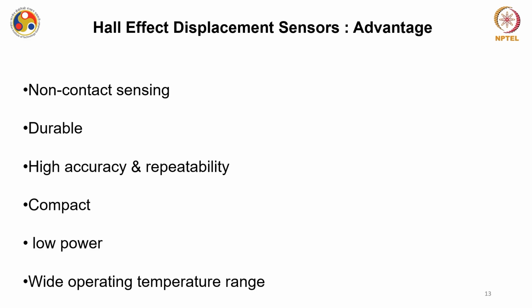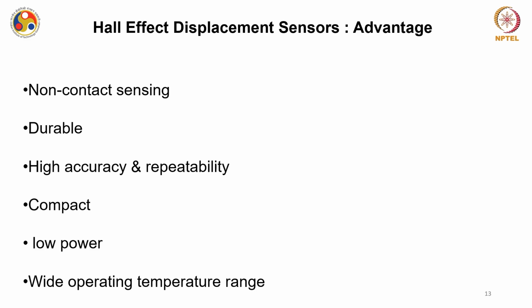Their accuracy level is very high because a magnetic field is involved. The repeatability is also very decent. The devices can be made as small as 1 or 2 mm or even smaller, so they are very compact.